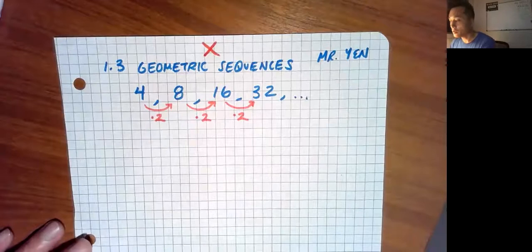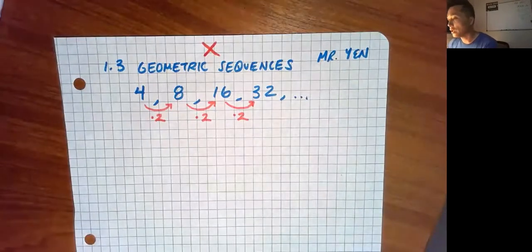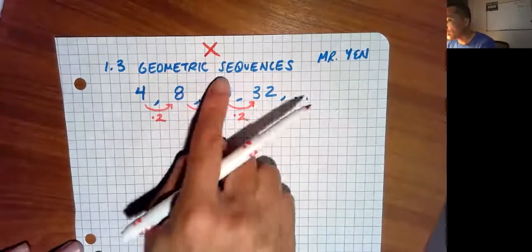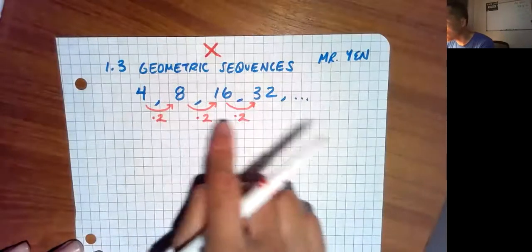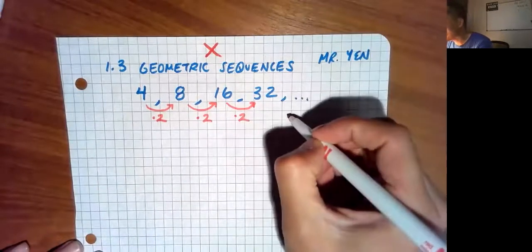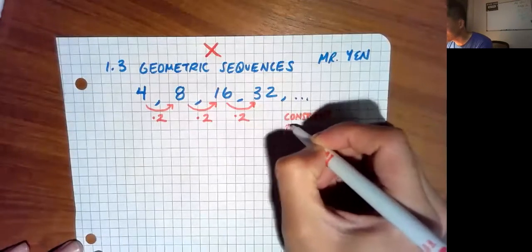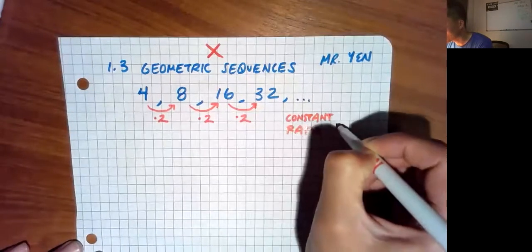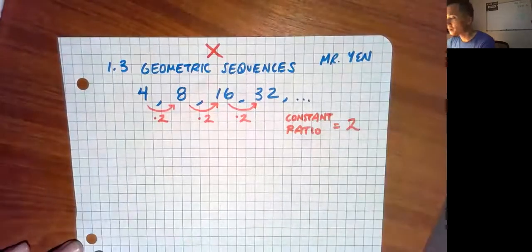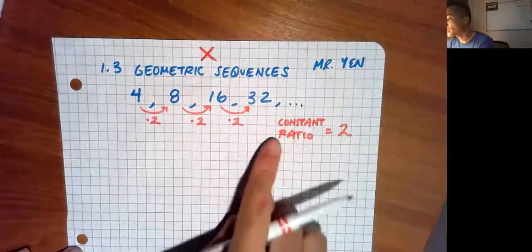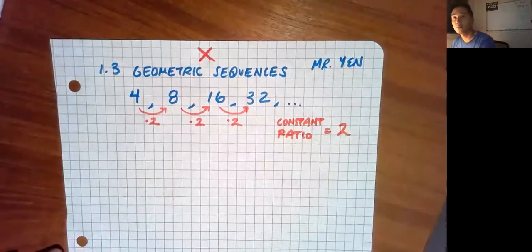In an arithmetic sequence, you have a common difference. And in a geometric sequence, this 2 that we're multiplying by each time, we call that the constant ratio. So this sequence has a constant ratio of 2.